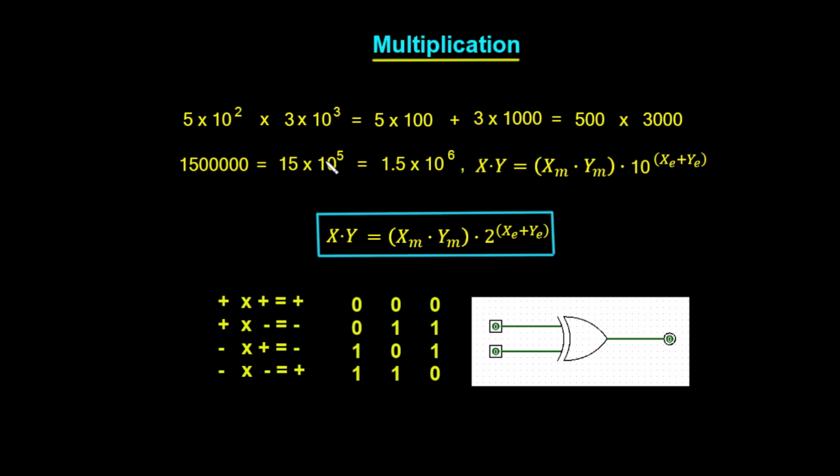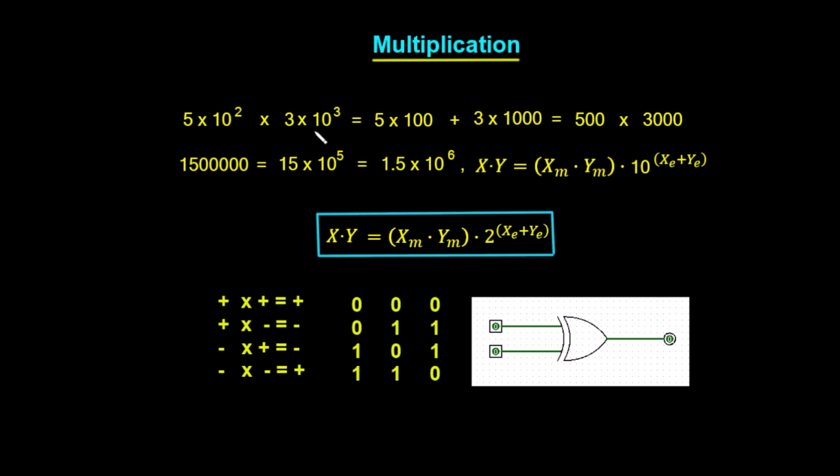So you can see that in order to multiply these together, we have to multiply the mantissa, so the 5 times the 3 gives us the 15, and we have to add the exponent, so the 2 plus the 3 gives us 5.